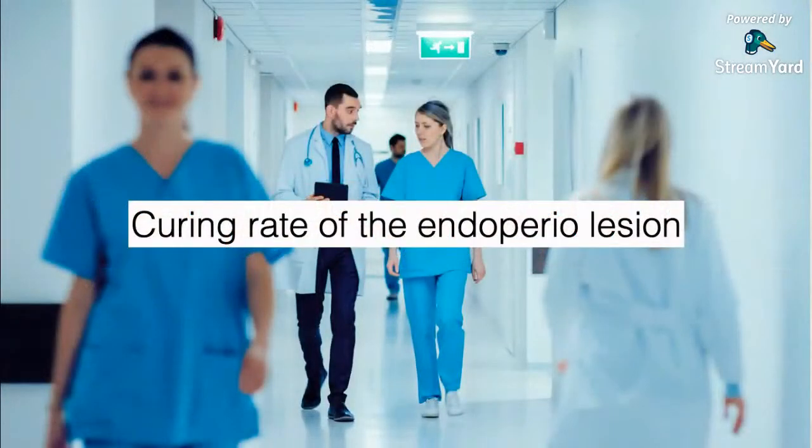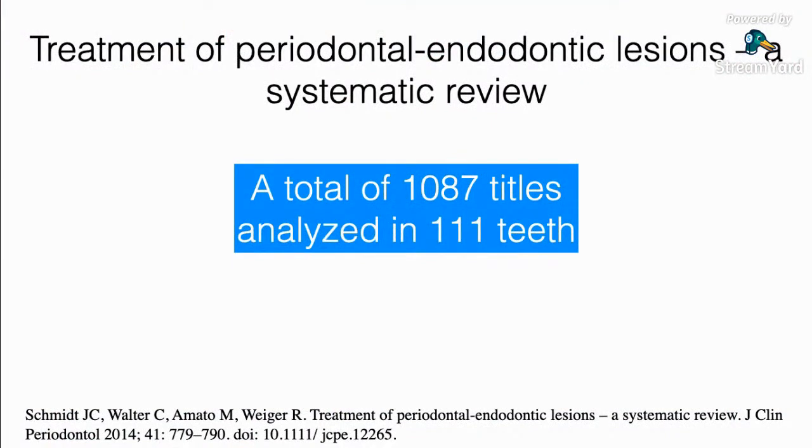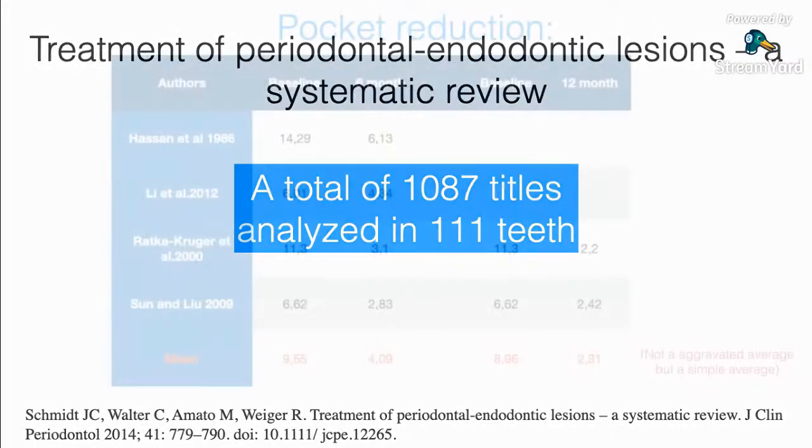And next, the curing rate of the endo-perio region. This is a systematic review by Schmidt on the treatment of periodontal-endodontic lesions. A total of 1,087 titles were analyzed, resulting in 111 teeth.